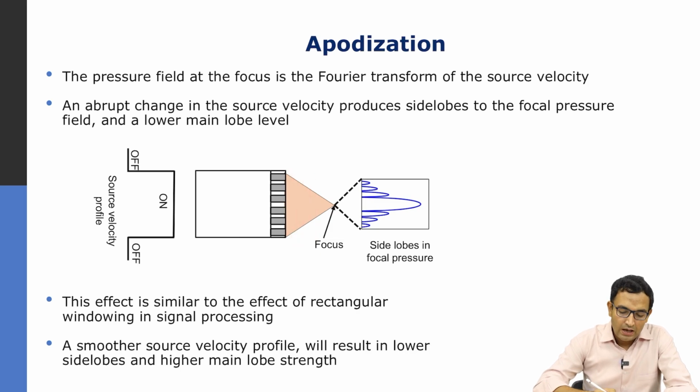Now if there is a Fourier transform relationship between the field profile and the transducer aperture, and I have a rectangular aperture like this, what is the Fourier transform of a rect function? We know that it is a sinc function, and what is problematic about a sinc function?